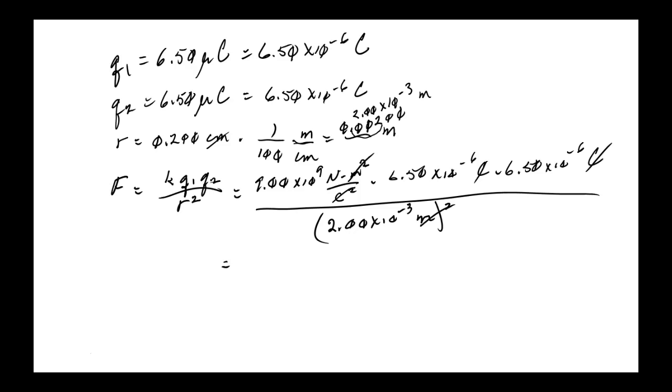Okay, times 6.5, and then EE, your 6, change sign, divided by 2 EE 3 and negative, and then, oh, we forgot to do your parentheses, sorry.